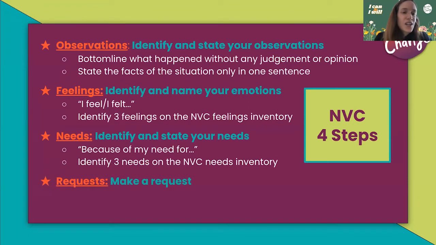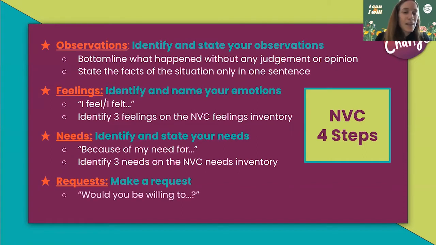After you've stated the facts of the situation, how you felt as a result, and then said what your needs are that either were or were not met, then you get to make a request.